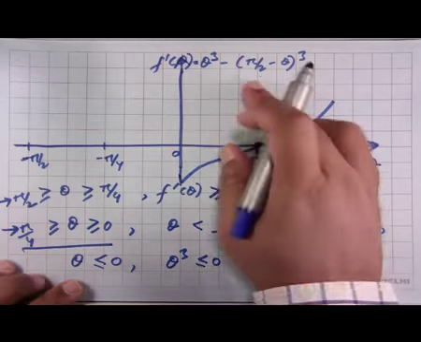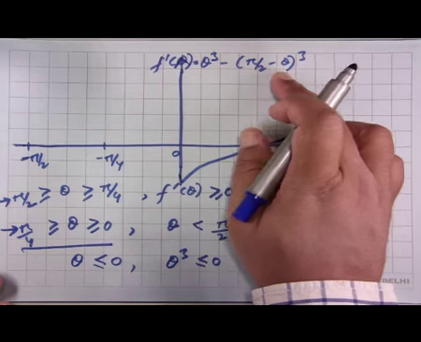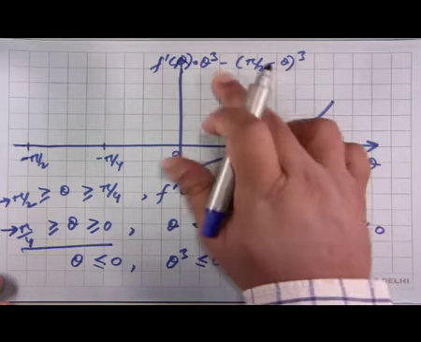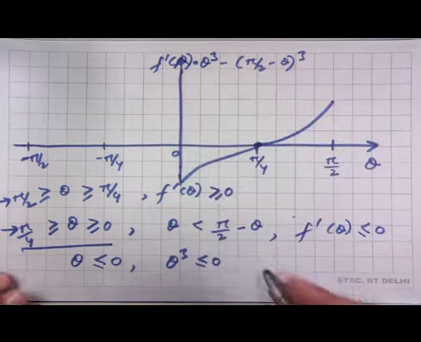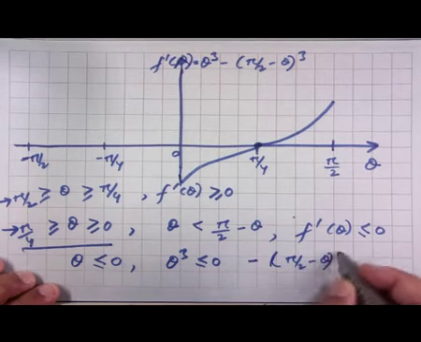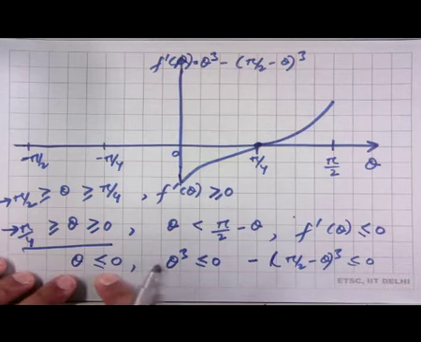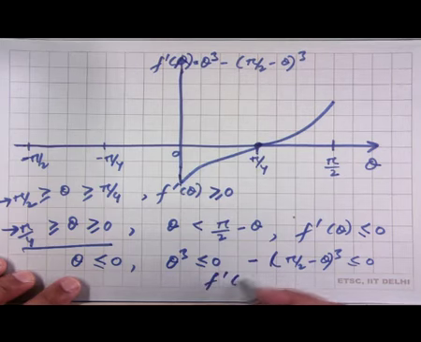Pi by 2 minus theta will be a positive value, and therefore pi by 2 minus theta cube will be positive, but because there is a negative sign here, minus of pi by 2 minus theta cube is also going to be negative. Therefore, when theta is less than or equal to 0, the first derivative f dash theta is again going to be negative.